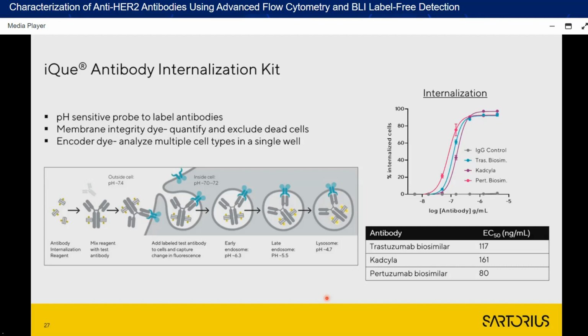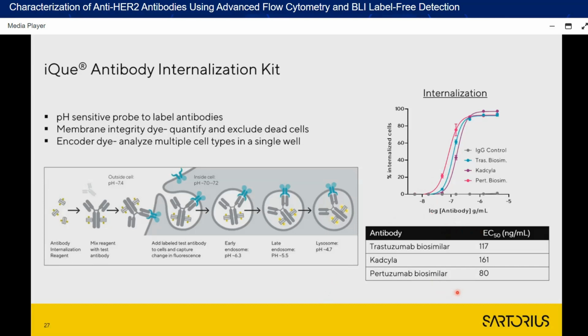dye. So similarly to as was done with the iQue binding assay, you could analyze binding to multiple cell types in a single well. In this case, you could measure internalization with multiple cell types. And what we saw was that the antibodies were fairly comparable in terms of their internalization.